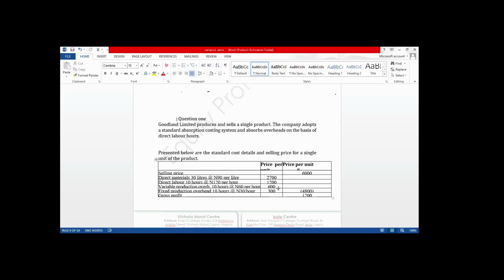The standard cost per unit is 4,800. You now have your gross profit per unit. That is the standard profit per unit: standard selling price minus standard absorption cost per unit. I'm trying to explain this so that when we get to computation, you can relate with it.